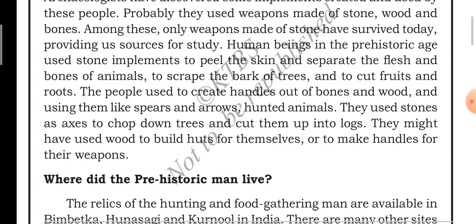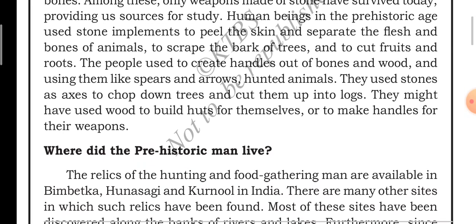Human beings in the prehistoric age used stone implements to peel the skin and separate the flesh from the bone of animals, to scrape the bark of trees, and to cut fruits and roots.